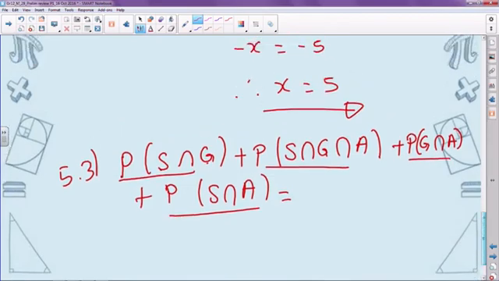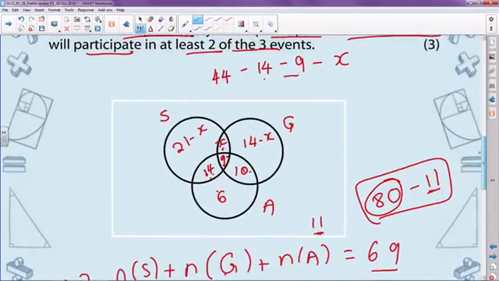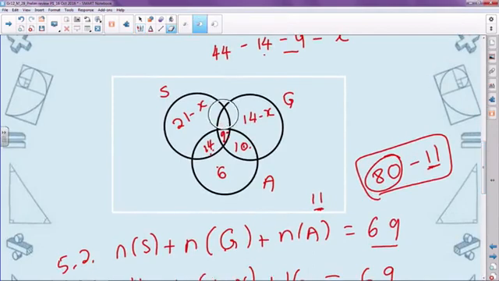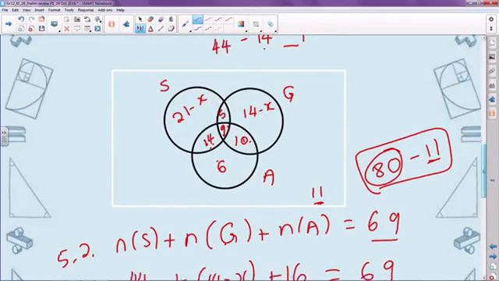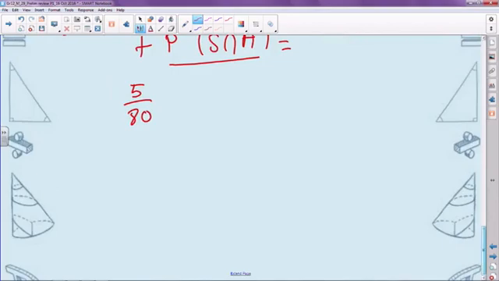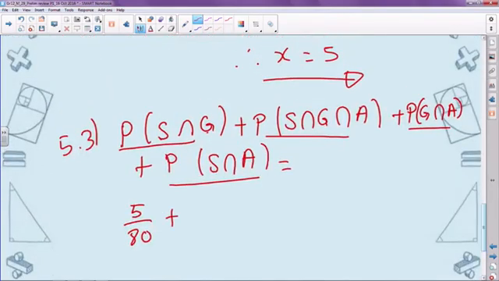All right, so the probability of competing in swimming and gymnastics, you're going to get that from your Venn diagram. Swimming and gymnastics is going to be, remember, x is equal to 5. So we can put that on our Venn diagram. So the probability of choosing someone that does that is going to be 5 over 80, dividing by 80 because there are 80 participants in total, plus the probability of swimming and gymnastics and athletics.